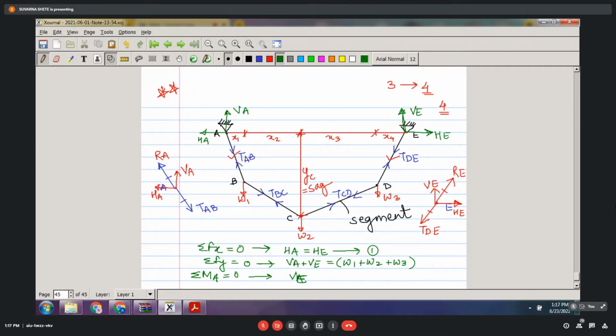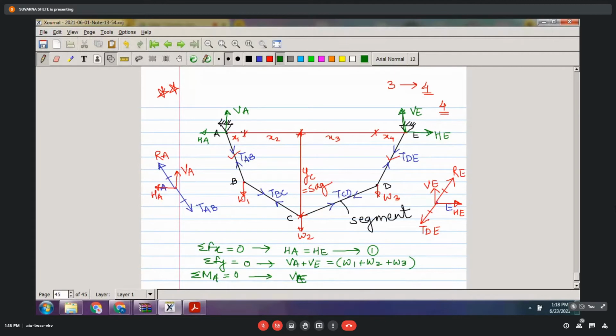If I take moment about this point, I will not be able to find the value of HE, because if I extend the line of action of HE, it passes through point A itself. So the only unknown will be VE, which will make anti-clockwise rotation. बरोबर? Rest are known to me.